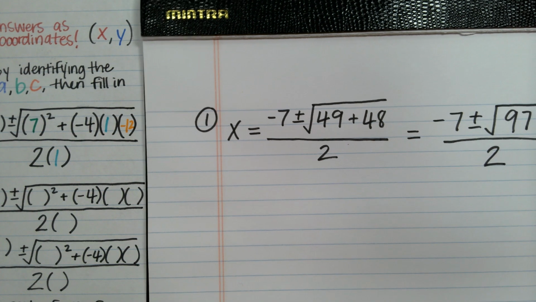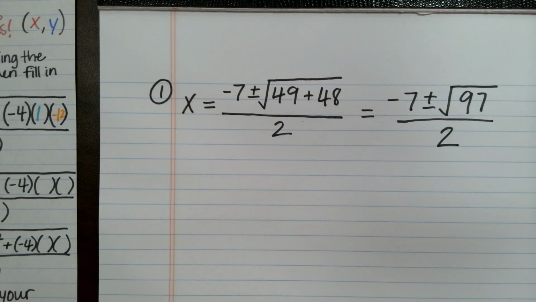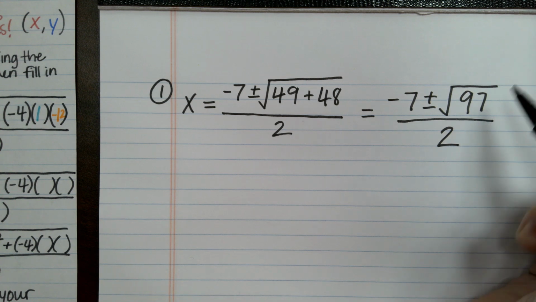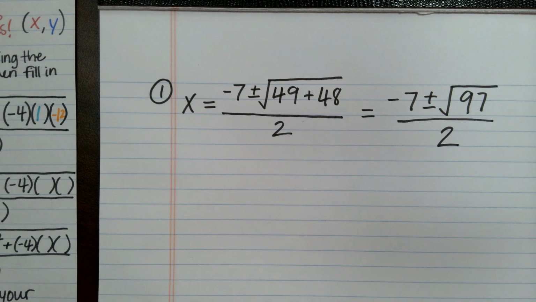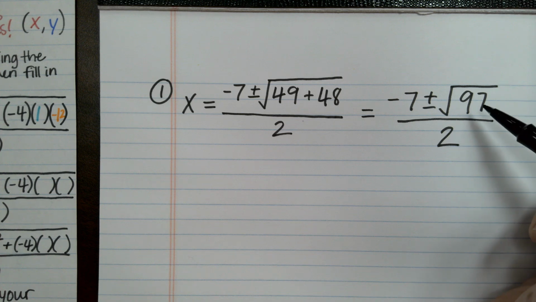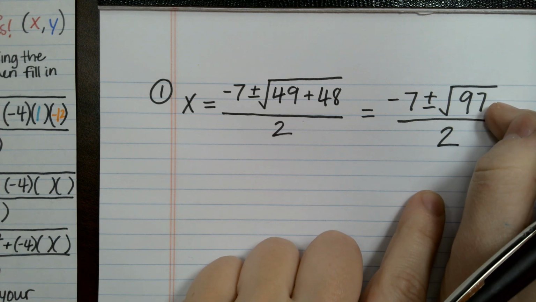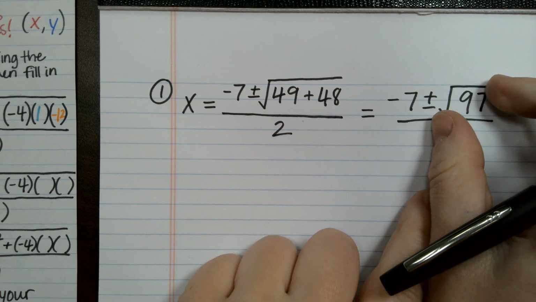Good. Okay, now this is something that I was telling some of you whenever I came around and was helping. You could absolutely find the square root of 97 next and write out the 2 separate things, but I realized as I've been working out more of these, it's going to be a lot easier if we just don't worry about figuring this number out just yet.